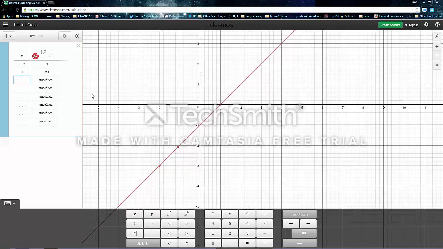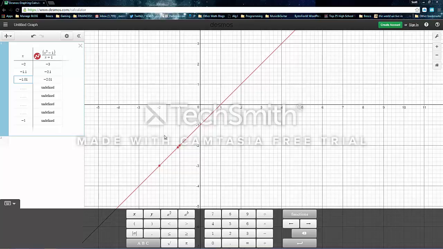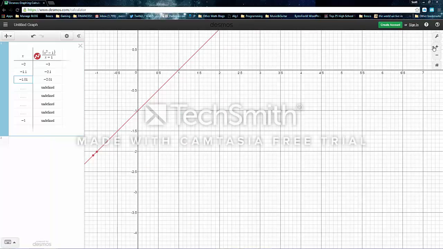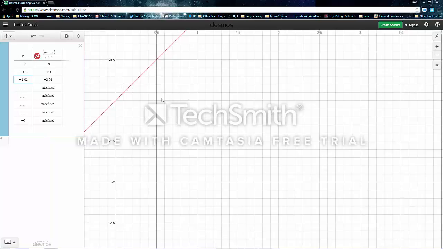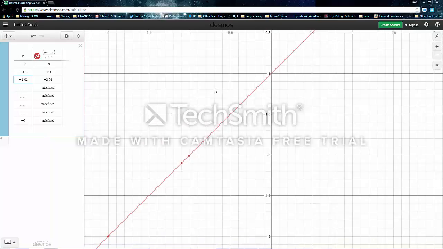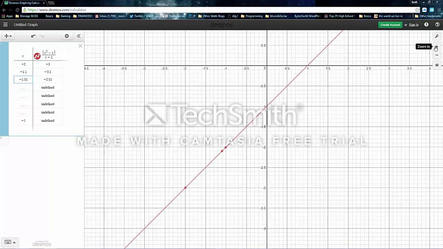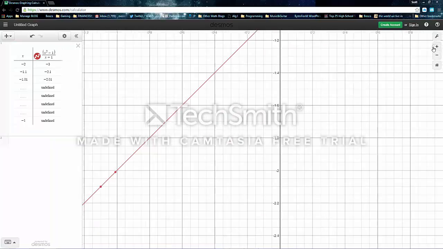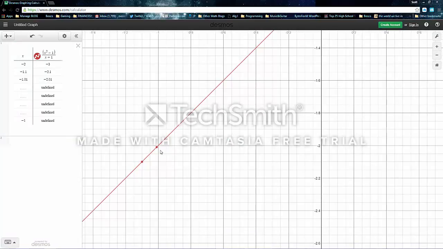Let's go a little closer, though. Let's go negative 1.01. And you can see, now you can hardly see that it's different, but it actually is slightly off there if we were to zoom way in, which actually we could do here. Let's zoom way in. Of course, you can't see the graph now, but you can see the axes, and you can see it's not quite there.